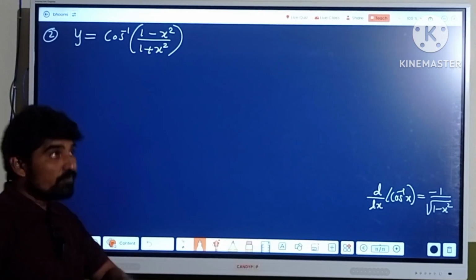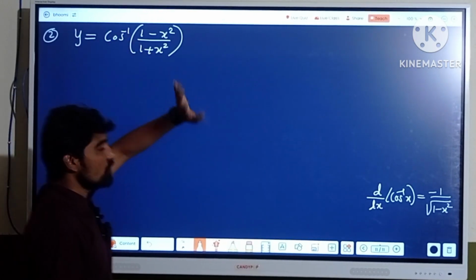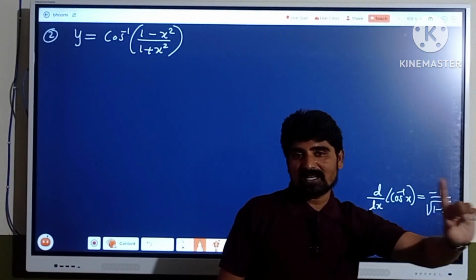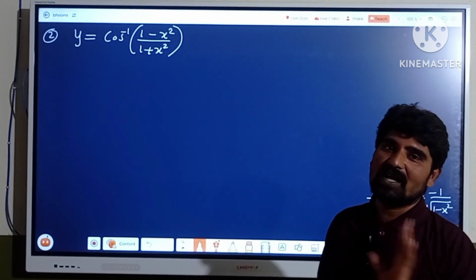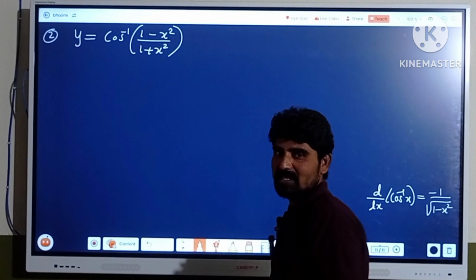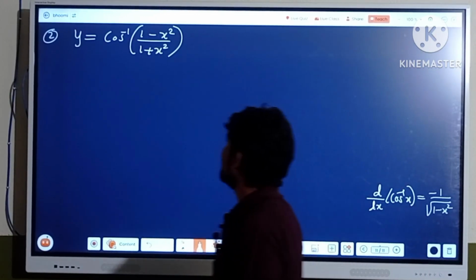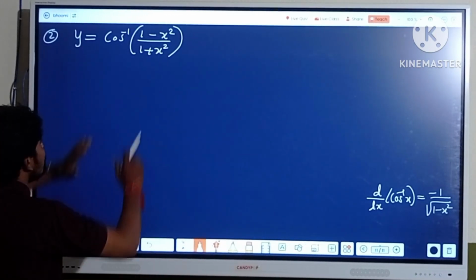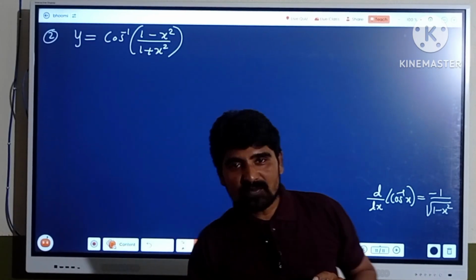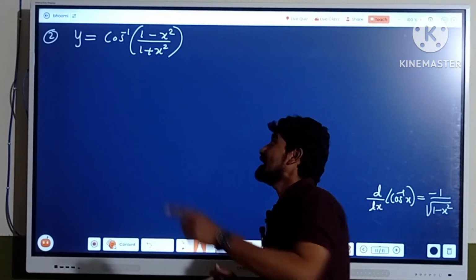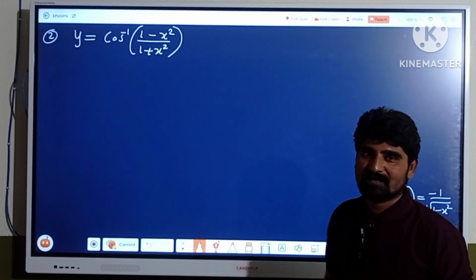But if we write it in the simplest form, it is very easy to find the derivative. So first observe the term inside the bracket. If we use a substitution, it takes a standard formula format.